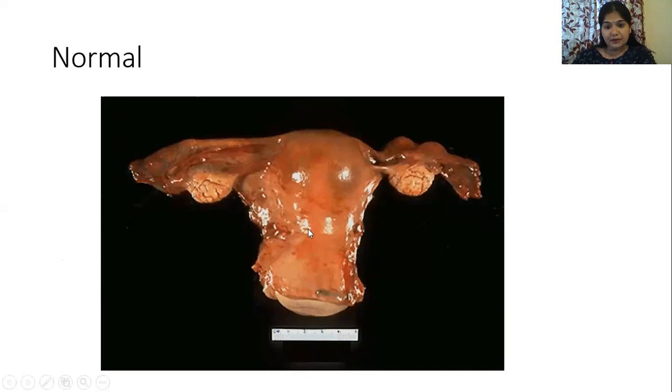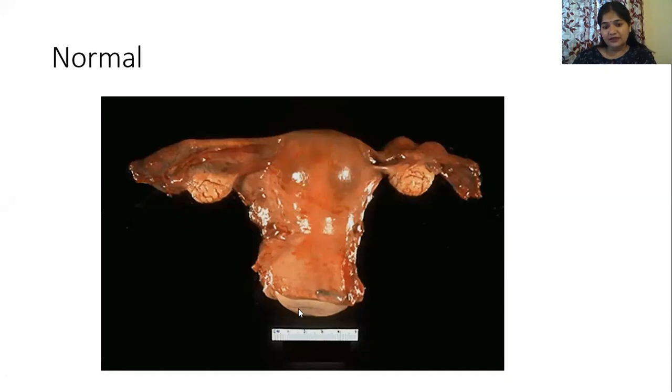Before going to the specimen, this is a typical gross appearance of a hysterectomy specimen where the uterus is normal and there are two ovaries here, right? So just first of all learn how you describe. You will say that this uterus appears to be normal. This is the body of uterus. This is the fundus.